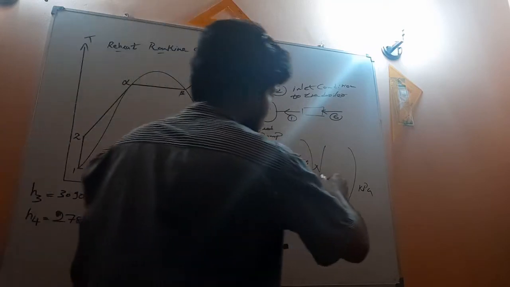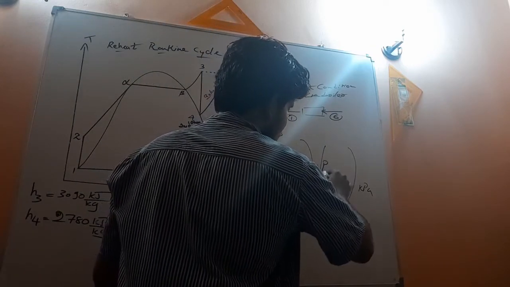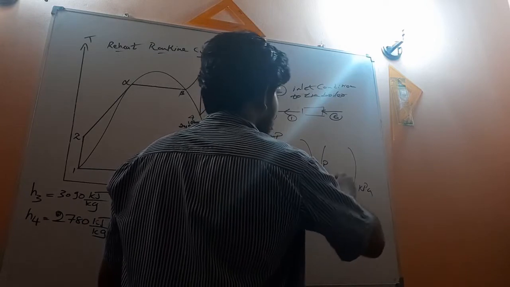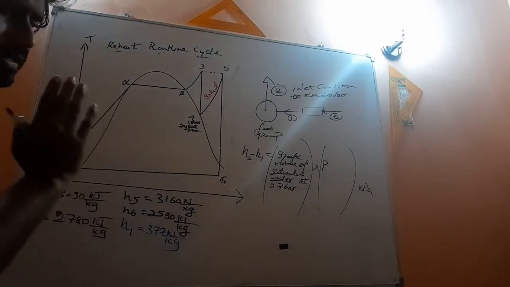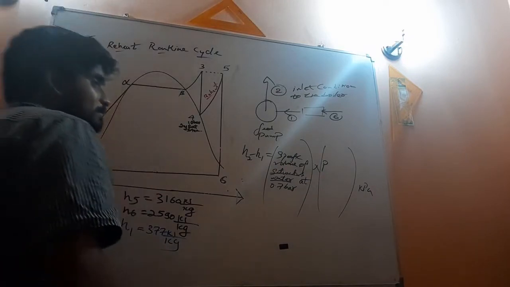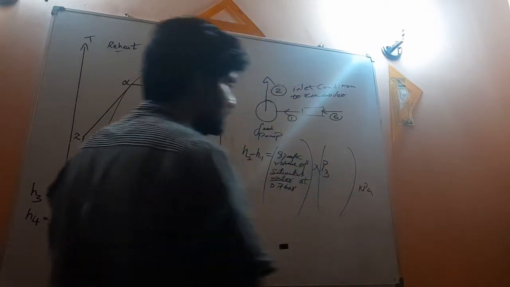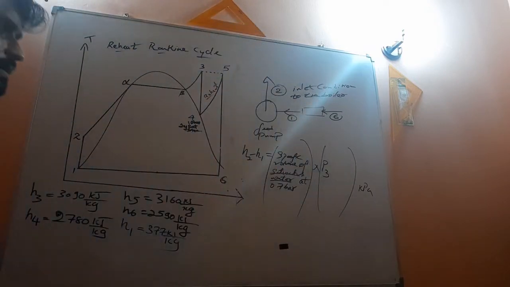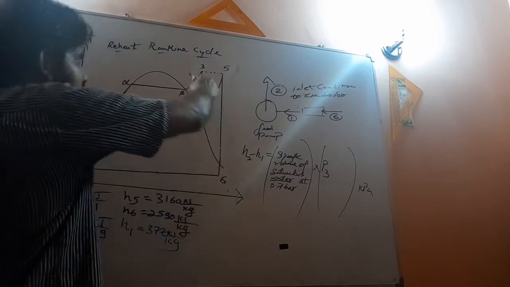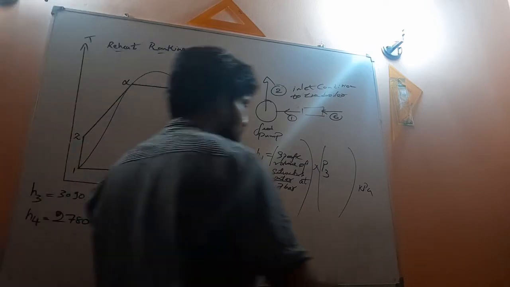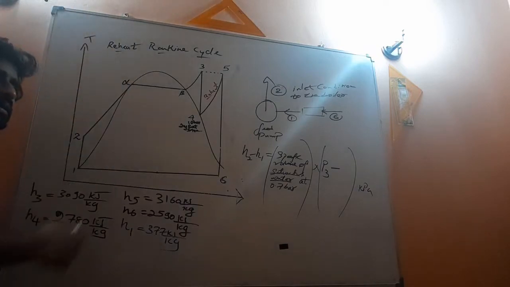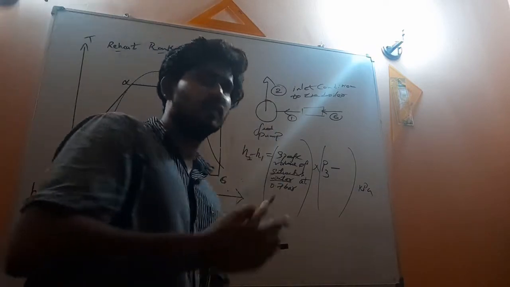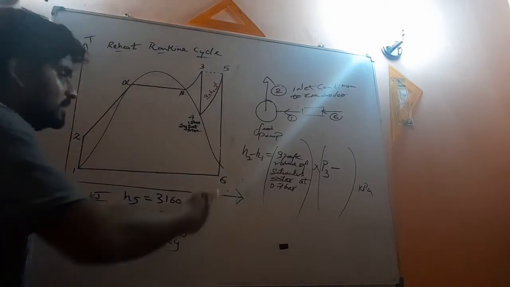Okay, so let's say P3, because 0.3 represents the inlet condition of the first turbine, so let's call that P3. P3 is the inlet pressure to the first turbine, minus the pressure at the end of the final expansion stage, or the pressure at the end of the final turbine process.